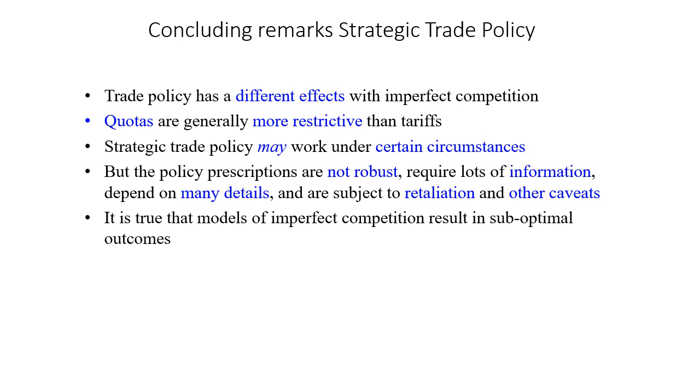And even though this policy prescription is not really robust, you need a lot of information, a lot of details, and we need to understand the idea of retaliation and some other caveats. And it is true that models of imperfect competition, generally speaking, have equilibrium conditions that are very suboptimal. So those are the things that we need to actually consider when dealing with strategic trade policy.